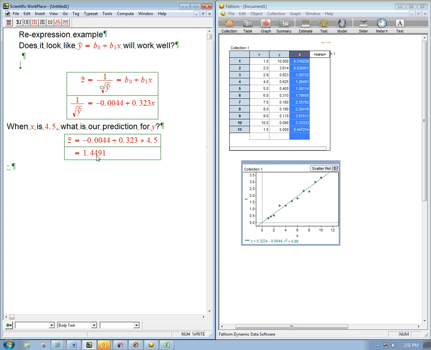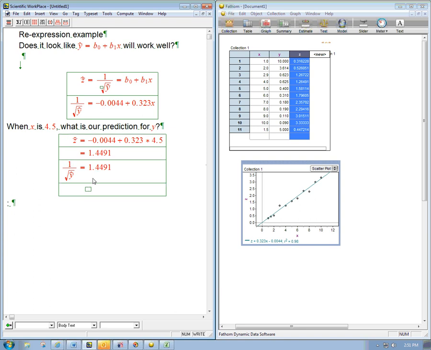Now that's not the quantity we actually wanted, but it has a precise known relationship between that and the y hat. This is saying that 1 over the square root of y hat is 1.4491, and then I just have to solve.